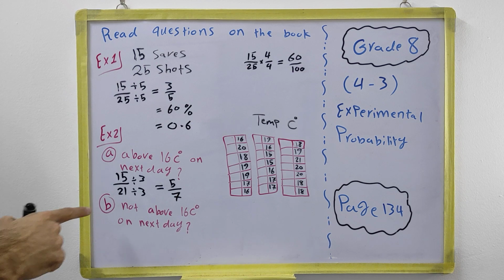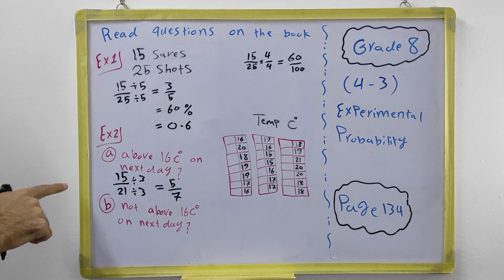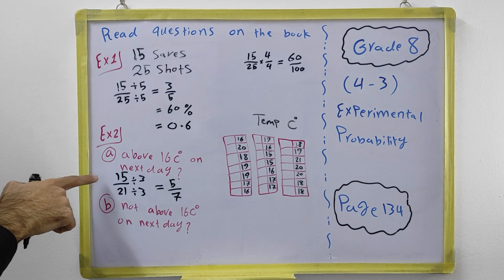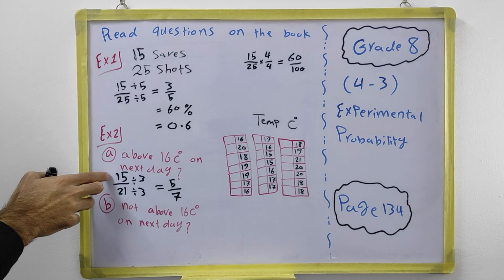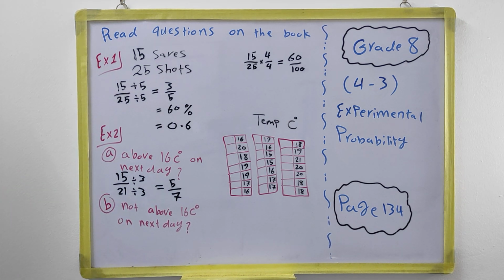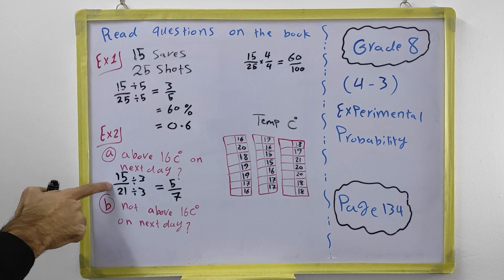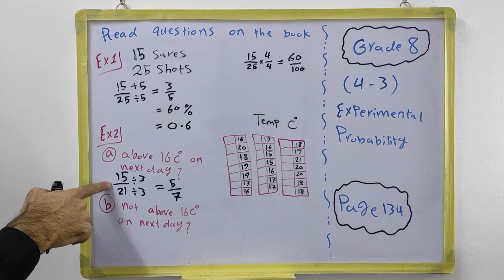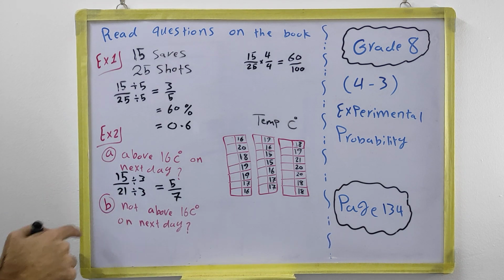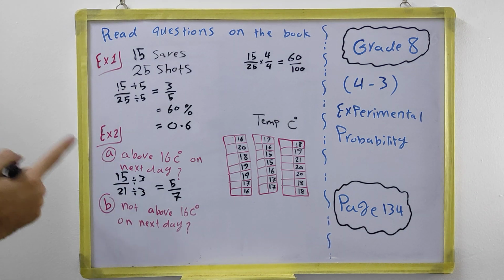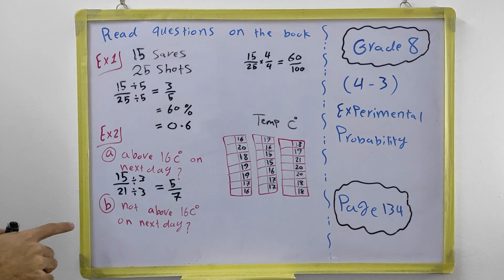The other one is the probability of the temperature to not be above 16. We studied in the last lesson the probability of something happening and not happening. Because we have 15 over 21 to be above, the rest is not above 16.